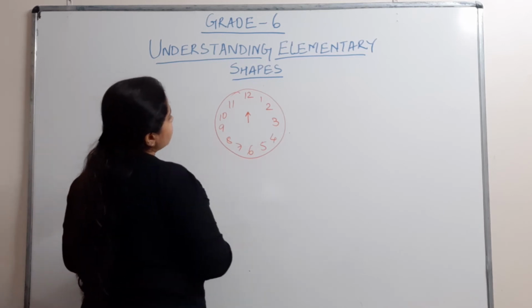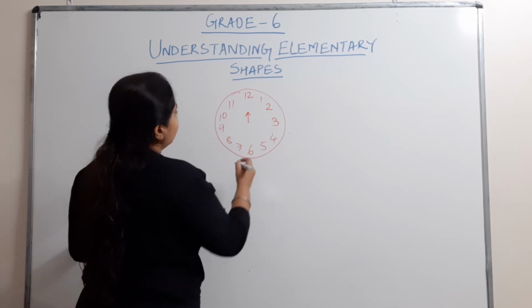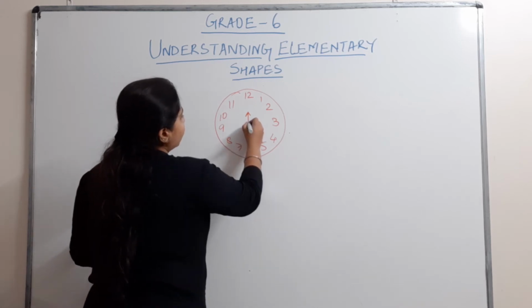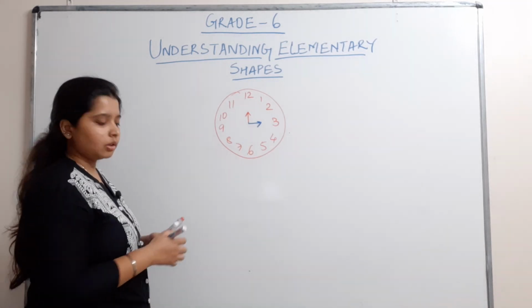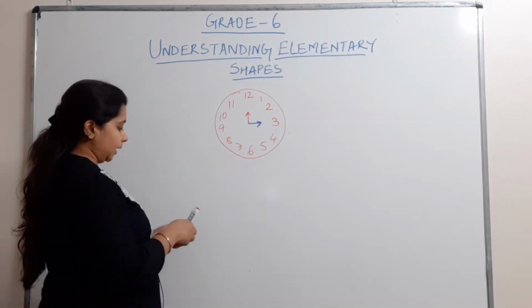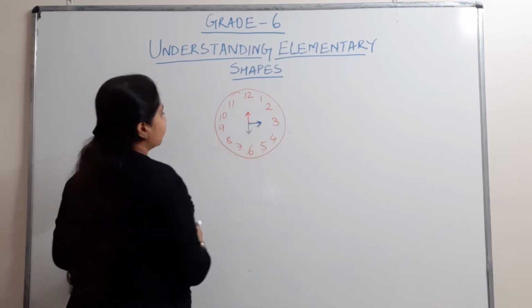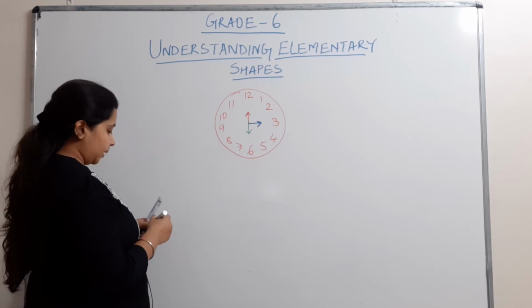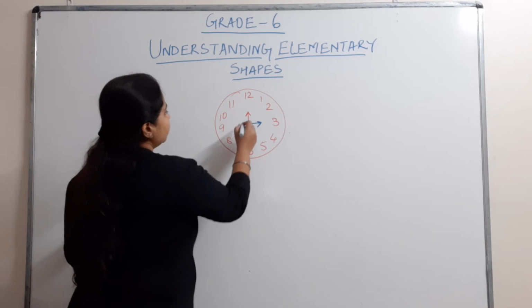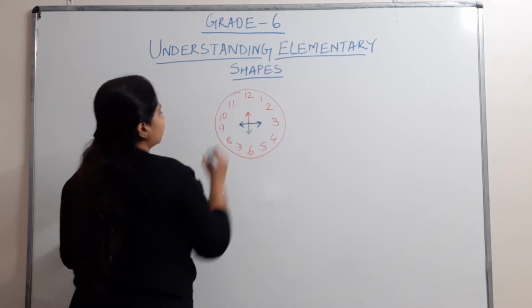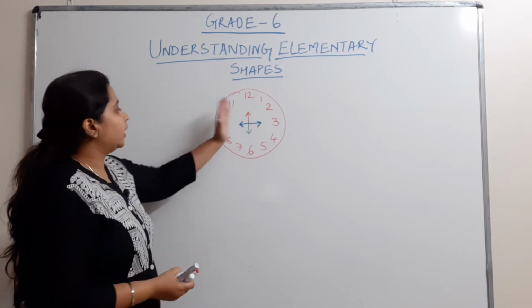So see students, when it is revolving, after completing one right angle, it will reach 3. Okay. Then after completing one more right angle, it will reach 6, and after one more right angle, it will reach 9. And again after completing one right angle, it will reach 12 again.